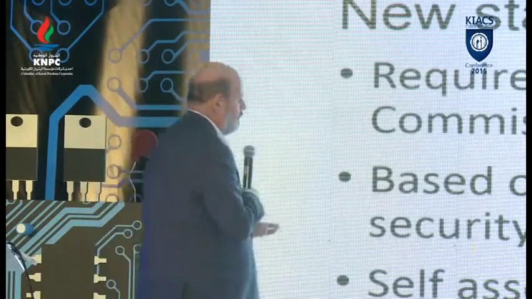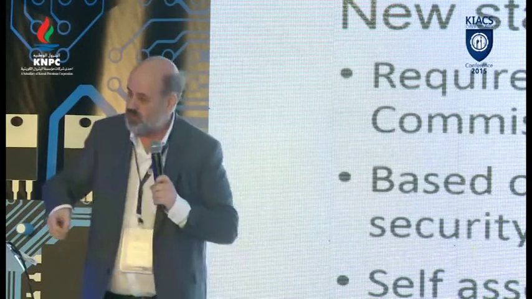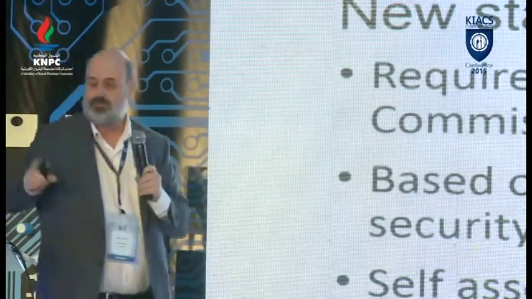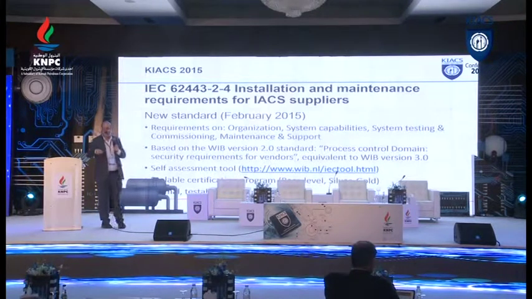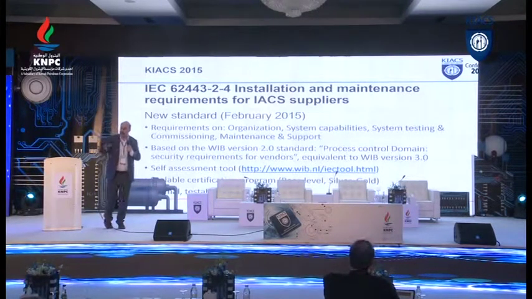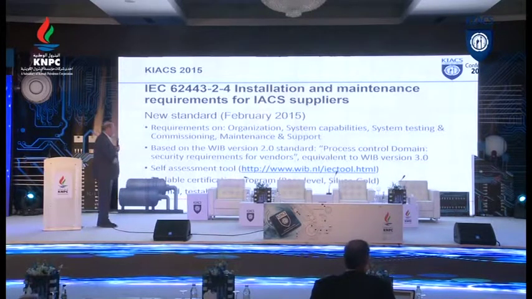They have 3 levels: base level, silver, gold level. In the old spec, it was bronze, silver, gold. Some of our customers require certain levels. They say, okay, I only do business with you when you're base level, or I only do business with you when you're silver level. That is the idea behind this standard.